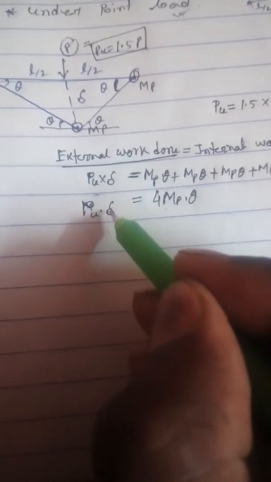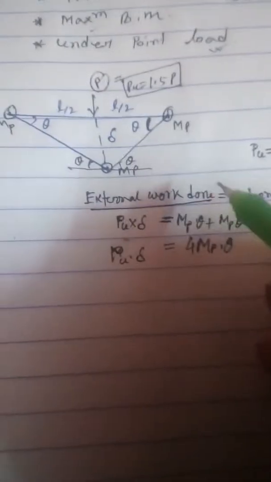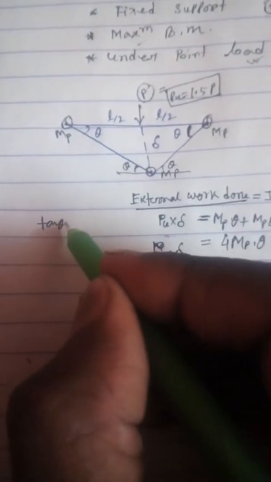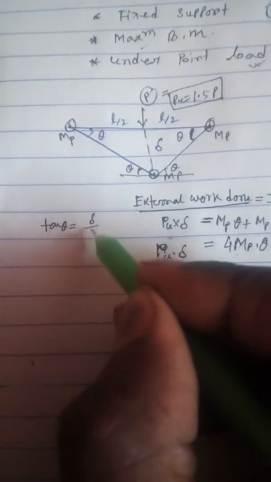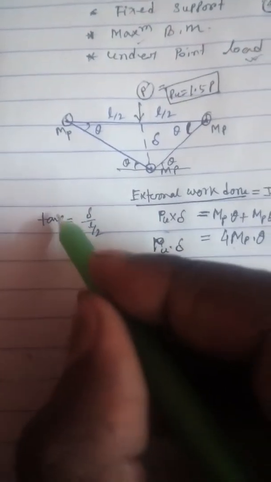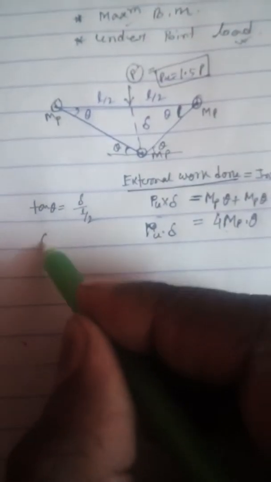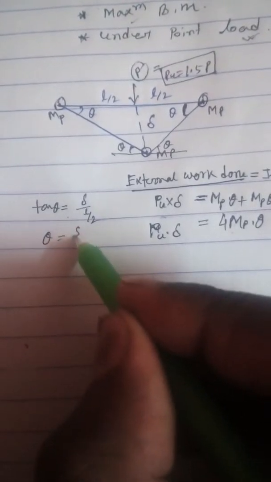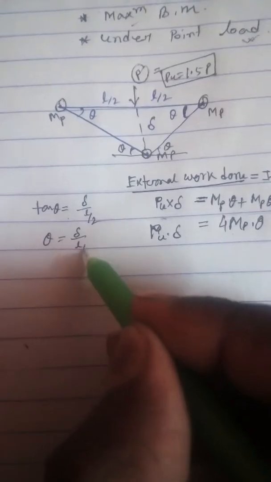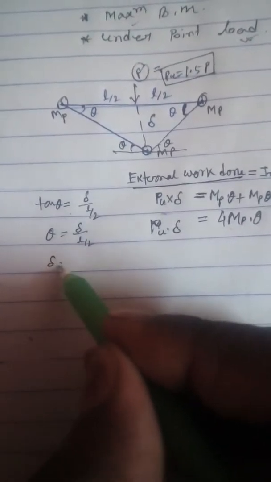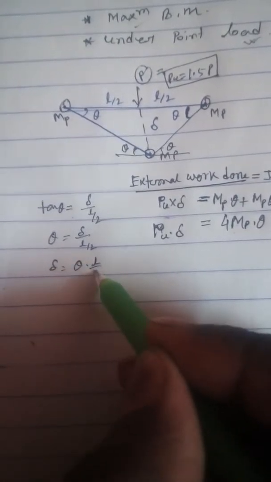So Pu into delta equals 4 MP theta. Now we know that tan theta equals delta by L by 2. As theta is very small, we can write theta equals delta by L by 2, so delta will be theta into L by 2.